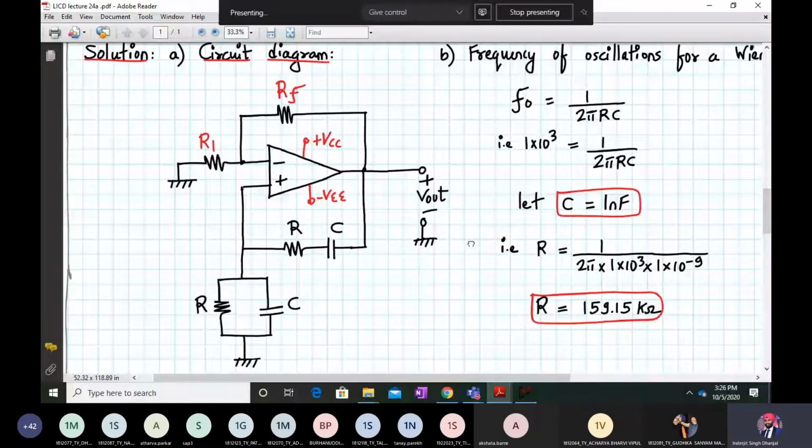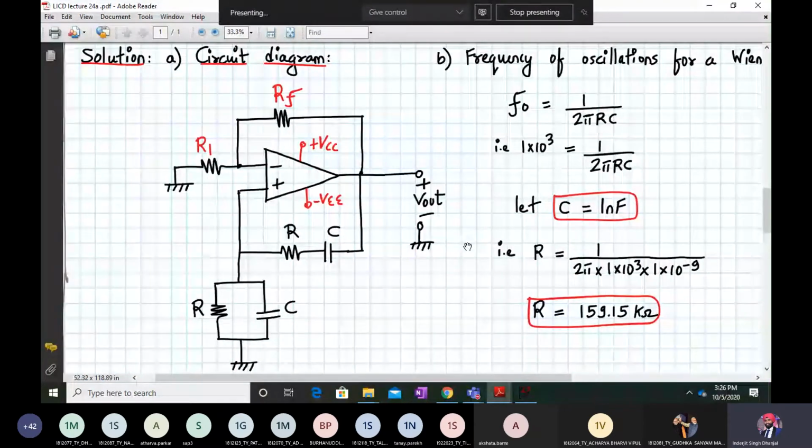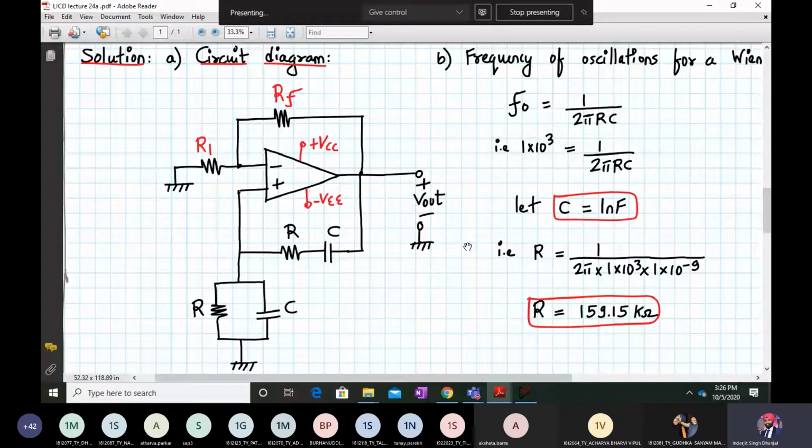So we have to design an op-amp based Wien bridge oscillator which produces sinusoidal oscillations at a frequency of 1000 Hertz. This is my circuit diagram. As you can see, it's predominantly positive feedback. We have one series RC element and one parallel RC element.